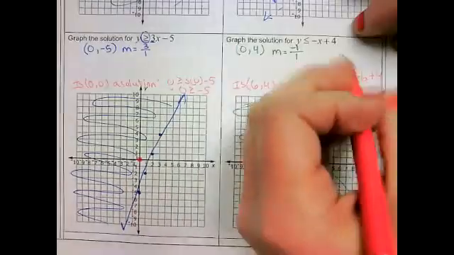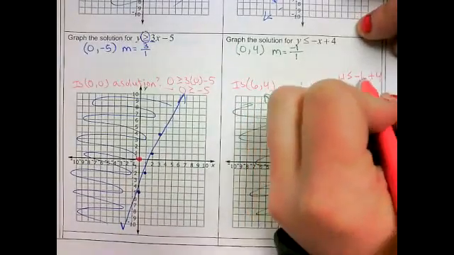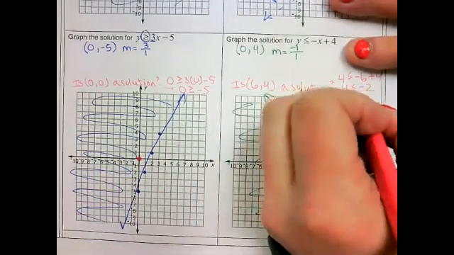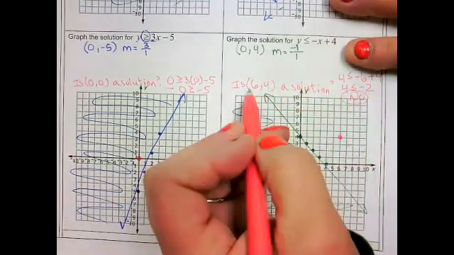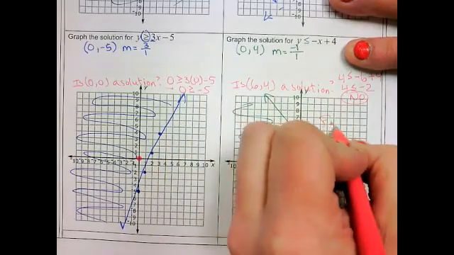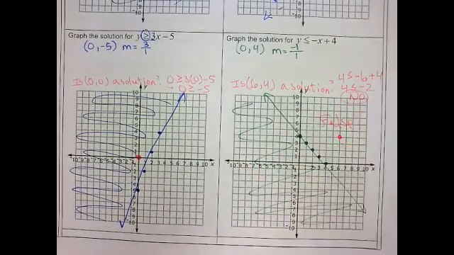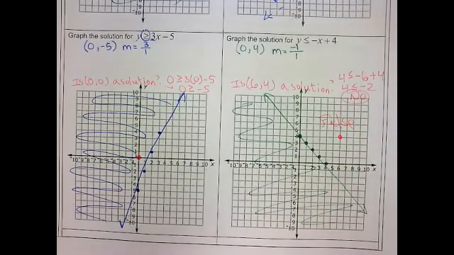Okay, so now I'm just going to solve this. So it says 4 is less than or equal to negative 2. Is that true? No. So this point is not a solution. And you can see it's in the unshaded area. It's in the false area.